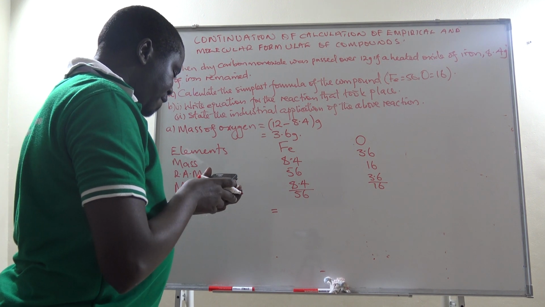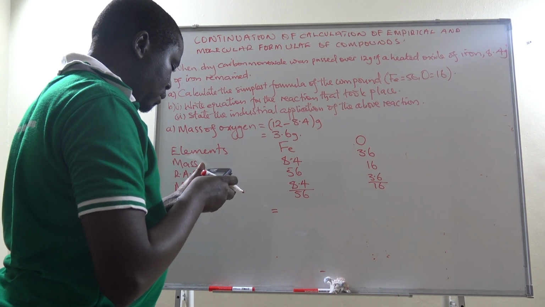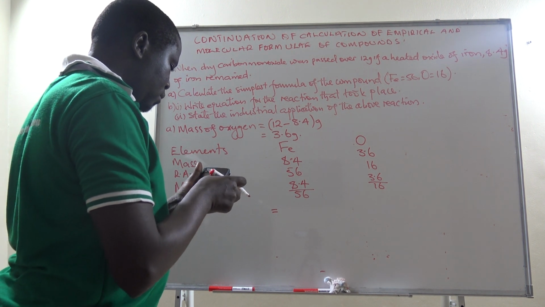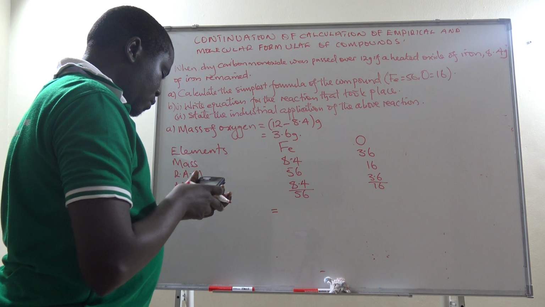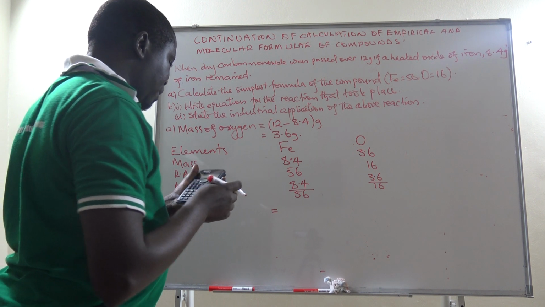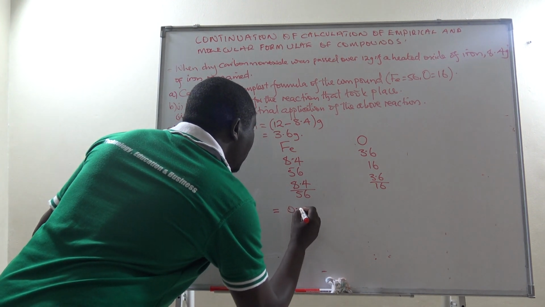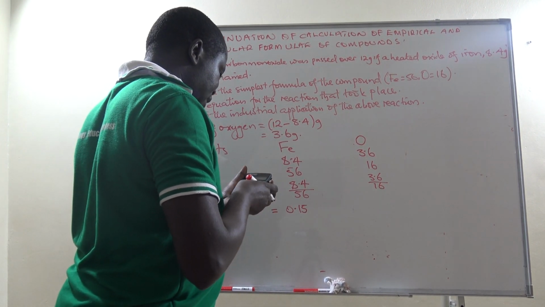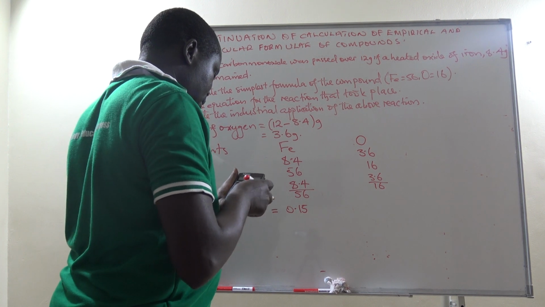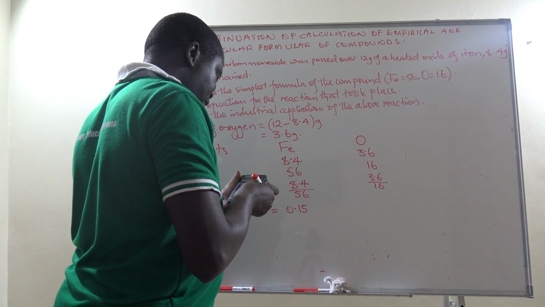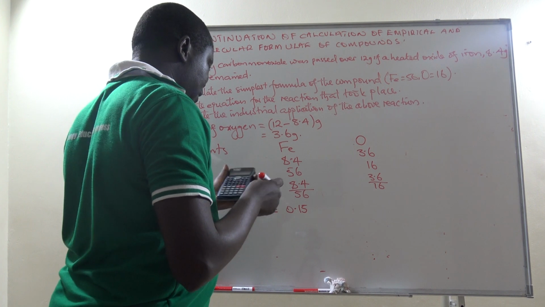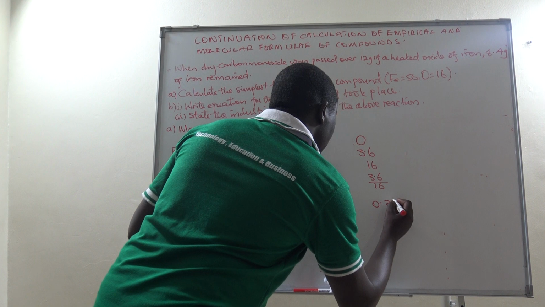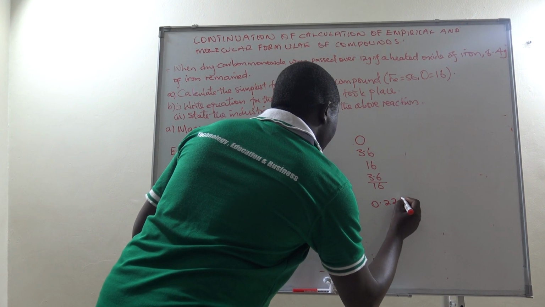We divide 8.4 by 56. This has given me 0.15. Then 3.6 divided by 16 has given me 0.225.